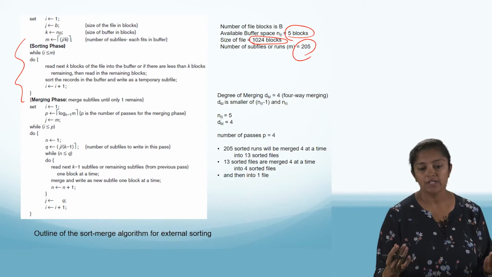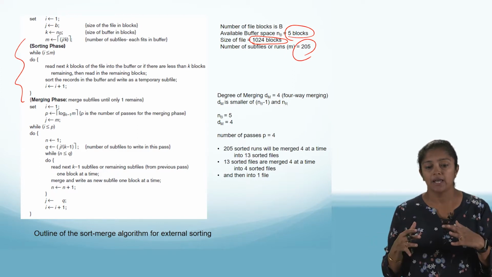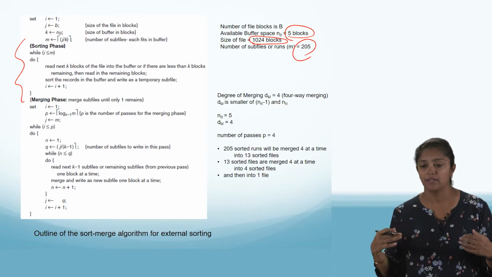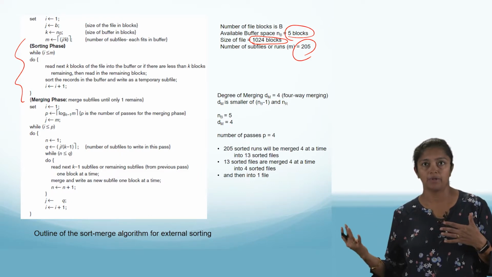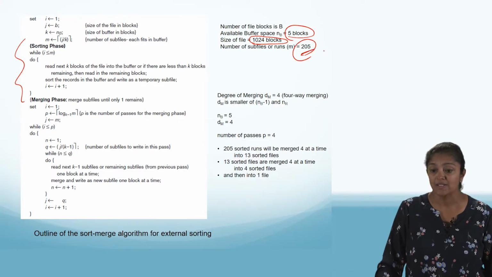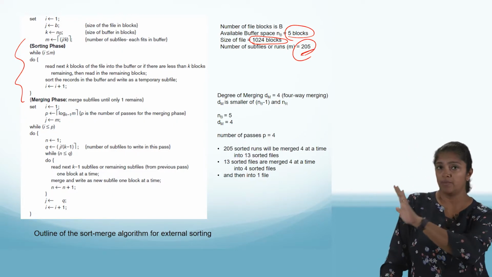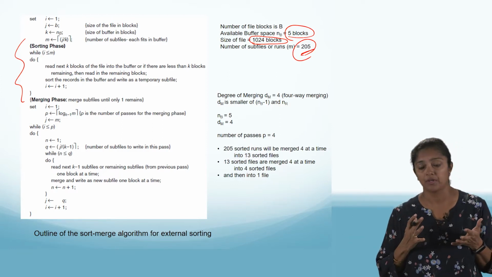The sorting phase involves breaking up into the 205 subfiles, sorting the records in each of those, and then writing them into a temporary subfile. So we end up with these 205 subfiles, each of them sorted, but now we need to merge all of our sorted results.